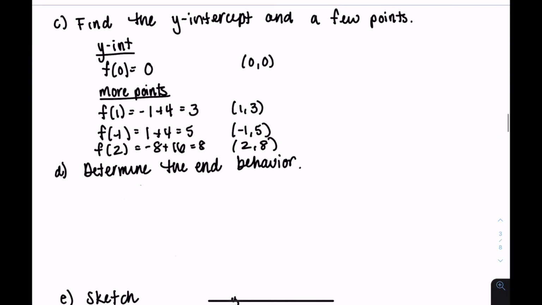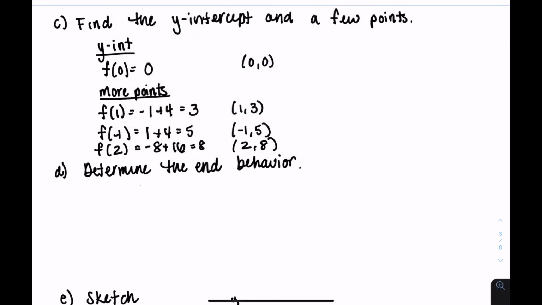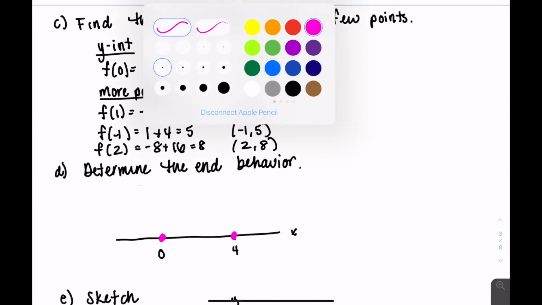So now let's go ahead and determine the end behavior of this function. We've got our x-axis. We know 0 is important and 4 is important. At 0, we're just going to touch, and at 4, we're going to cross.